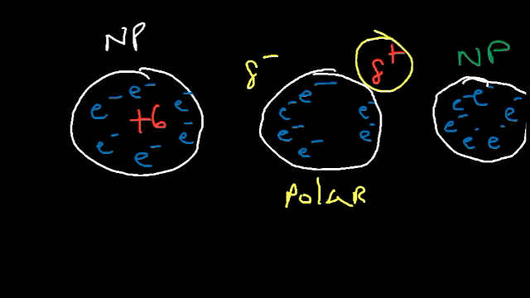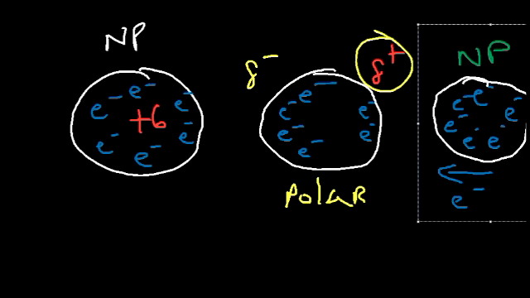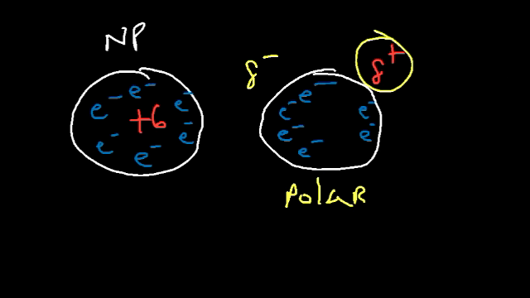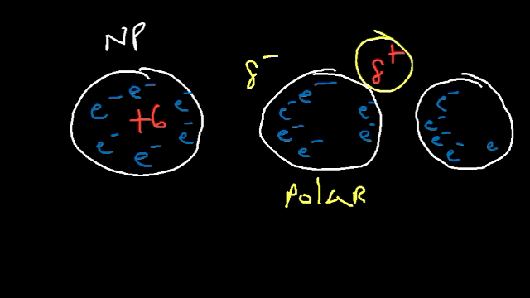So therefore, they're going to drift to the left side. So as a result, as they drift towards the left side, you're going to have more electrons on the left and less on the right. So therefore, the left side is going to have a partial negative charge, and the right side is partially positive.